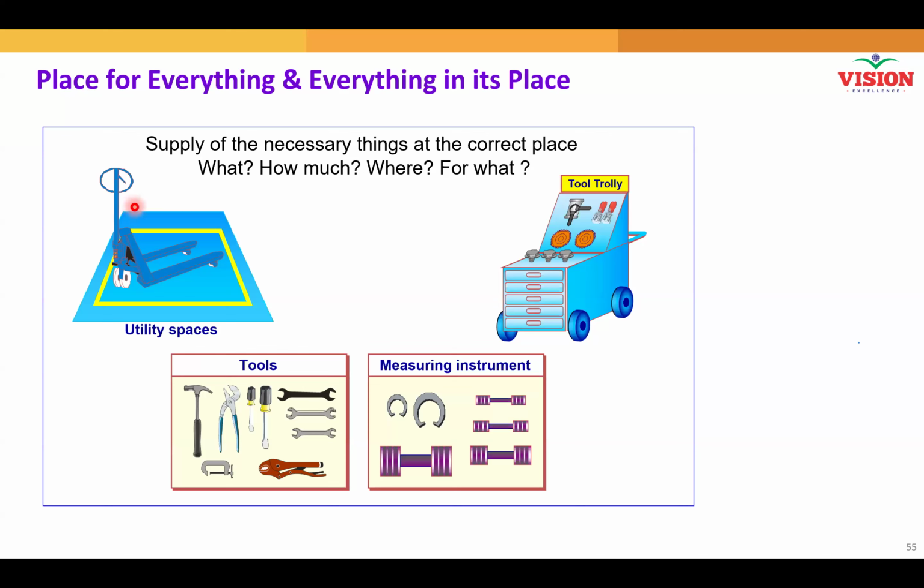See here, any item that you want to keep, we allot a place by creating markings around the item, so that if the item is moved away from a particular location, then immediately it can be brought back to the same location, and any of your team members will be able to follow that way. It also acts as a kind of indicator that the same place is where the item will be stored. Okay, see here, the tools trolley is another example.